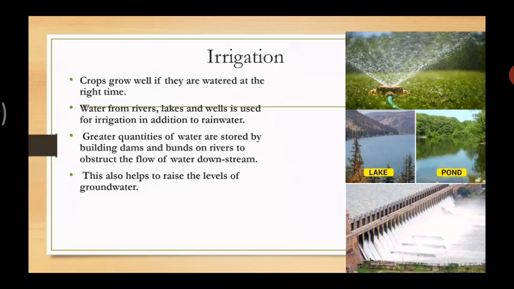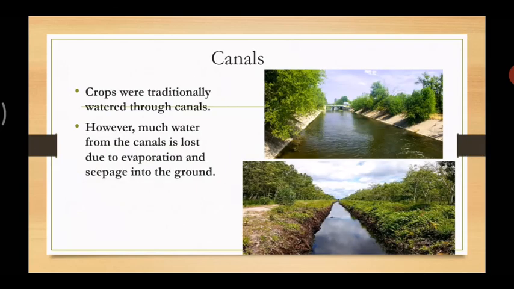Let's move forward. Now look at the different pictures of canals on the screen. Crops were traditionally watered through canals. That means in traditional agriculture, crops were watered through canals. But much of the water from the canals is lost due to evaporation and seepage into the ground.